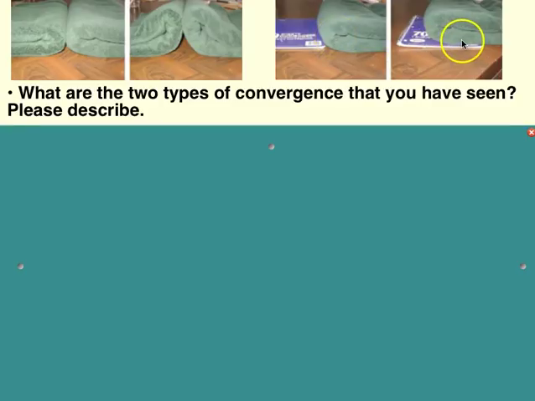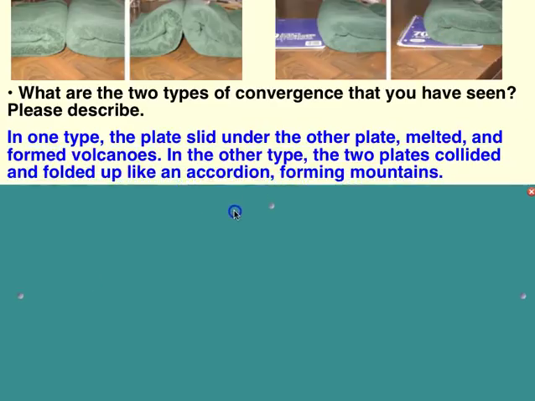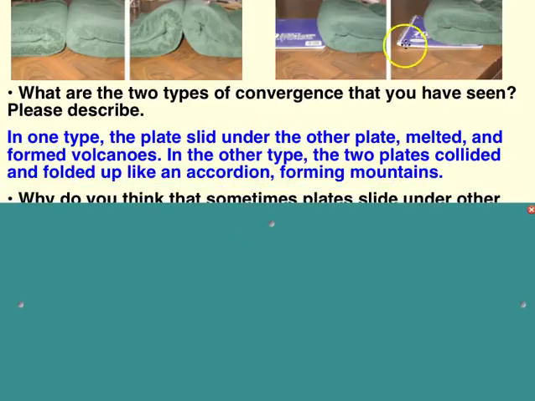Well, you can see what happens here. So can you describe the two types of convergence that you see here? We already talked about this one, but what's happening here? So hopefully you see that in one type, the plate simply slides underneath the other plate. This is where your subduction zone is happening. This notebook would symbolize an oceanic plate that's thinner and more dense.